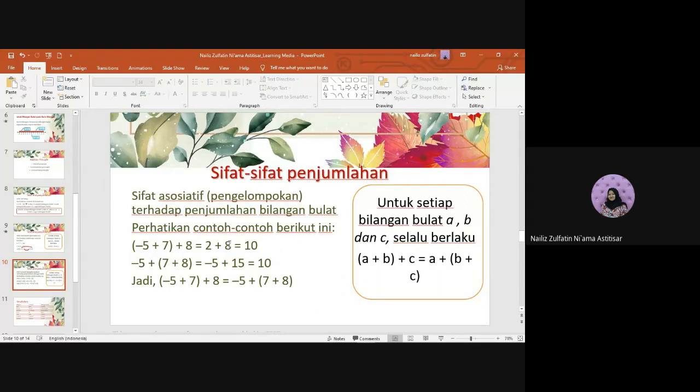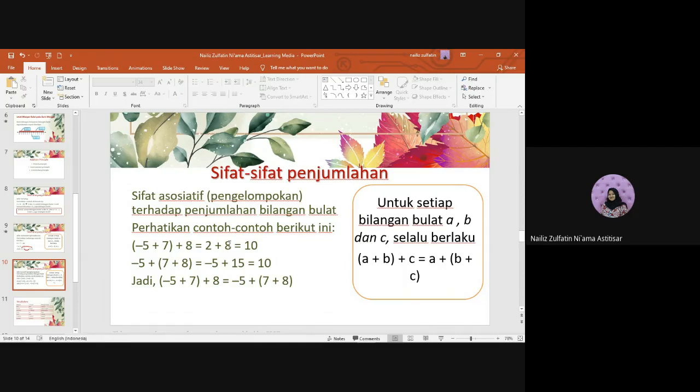Minus 5 plus, in parentheses, 7 plus 8, equals minus 5 plus 15 equals 10.